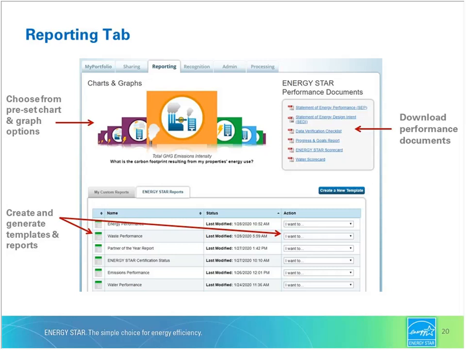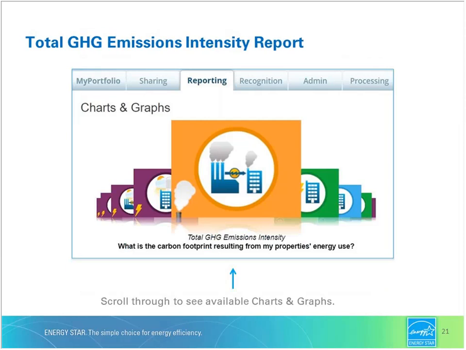So just quickly, I talked about this rotating carousel on the upper left-hand corner. These are in the preset charts options. One of these is a total greenhouse gas emissions intensity report, and this is intended to give you an overview of your property emissions intensity across your portfolio.